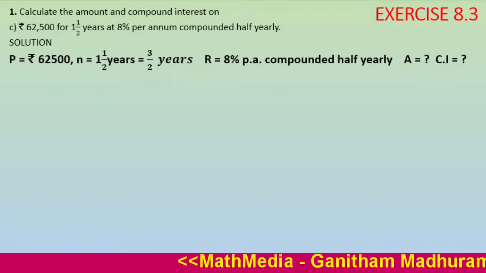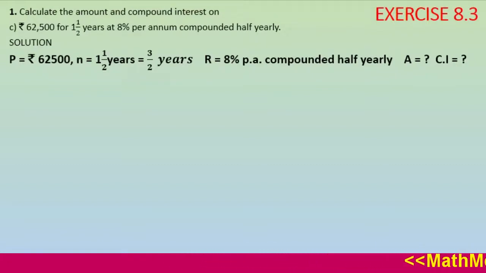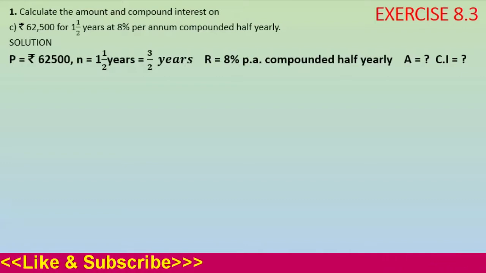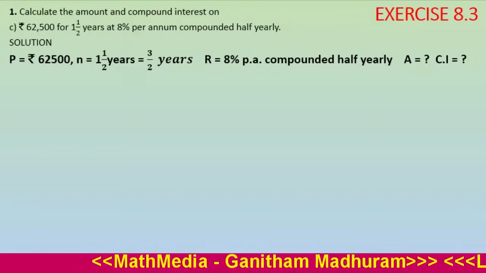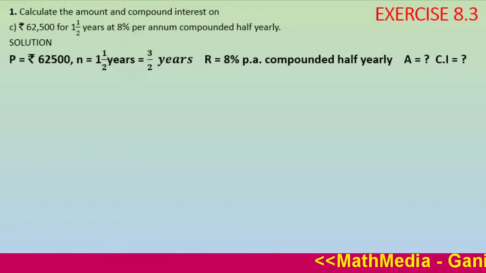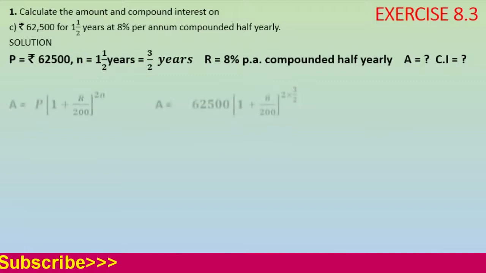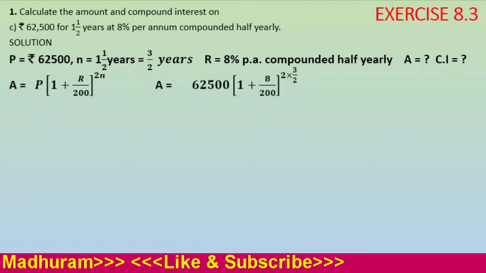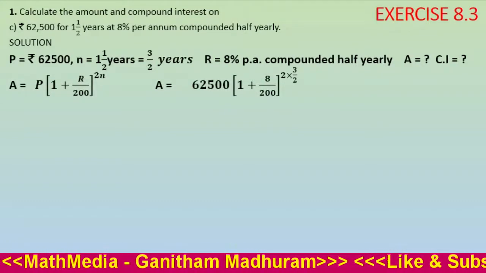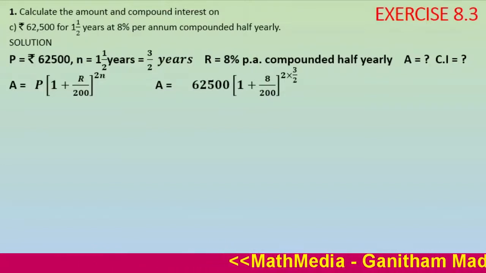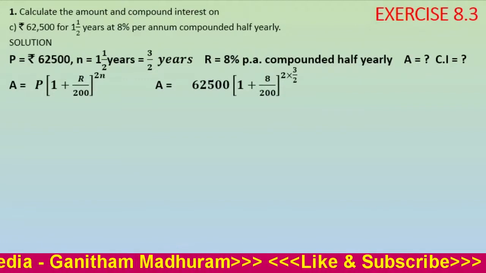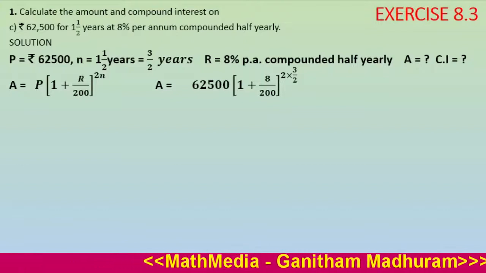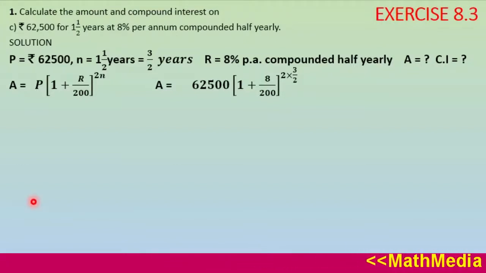We can recollect the formula to find compound interest half yearly. Yes, amount A equal to P into 1 plus R upon 200 whole raised to 2n. Now we can substitute the values in the given formula. So we get A equal to 62,500 into 1 plus 8 upon 200 whole raised to 2 into 3/2.